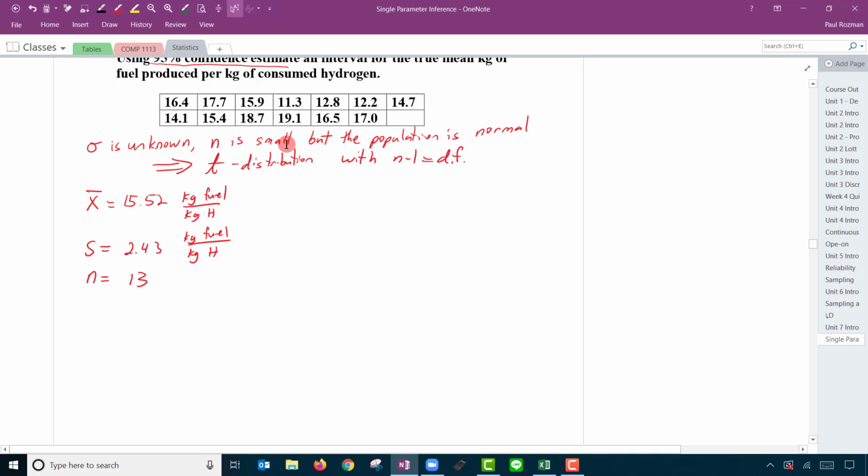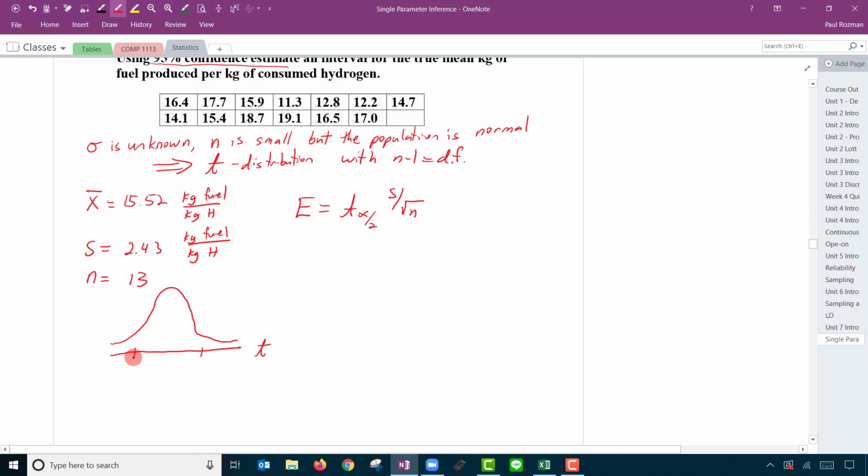To calculate the error, we said we're going to use the t-distribution. So our formula for error now is a t-score, t alpha over 2, multiplied by the standard error, which is s over the square root of n. So we just basically need to figure out what t is. Make a little sketch and find your critical values.